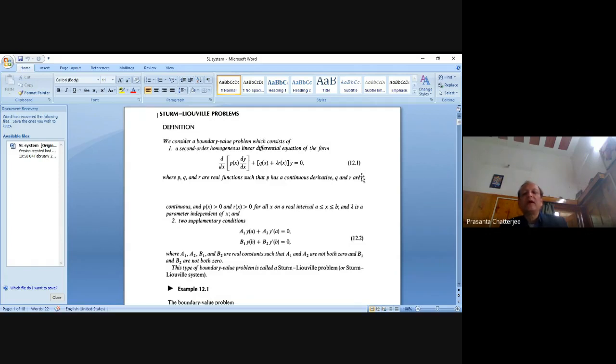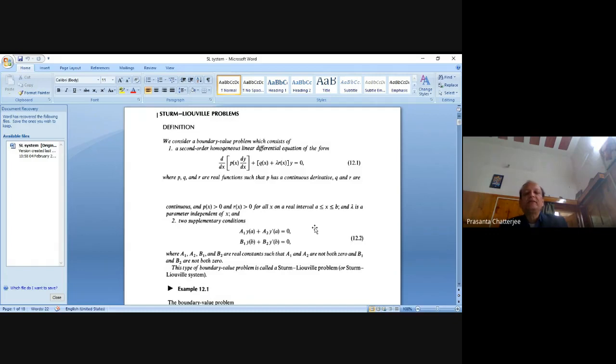Since 12.1 is a second order ordinary differential equation, the conditions may contain the value of the dependent variable y and the value of the derivative of y at the point a and at the point b.